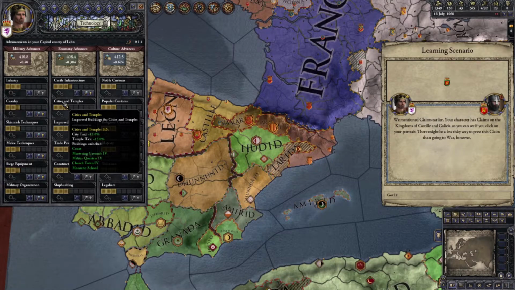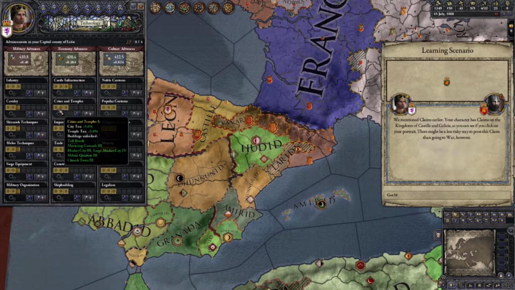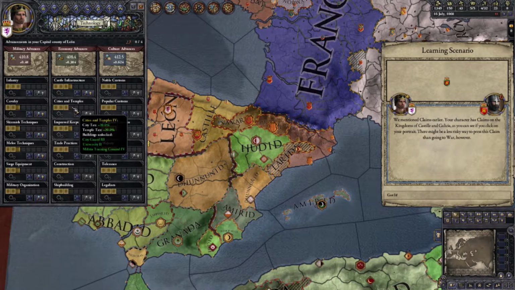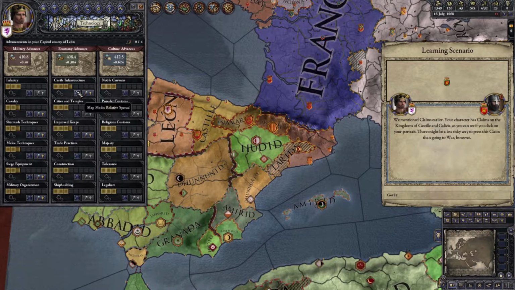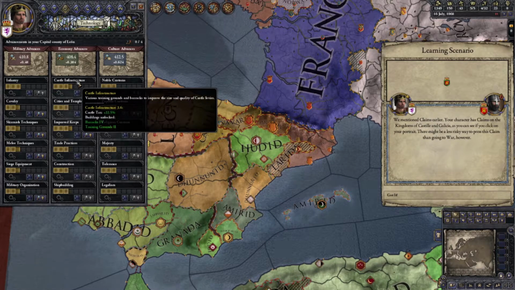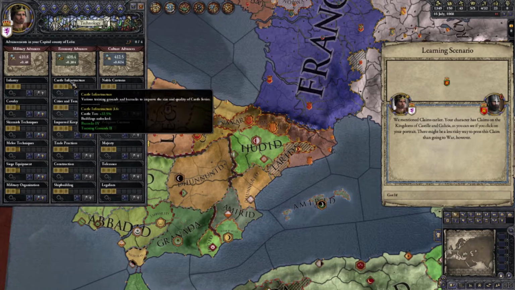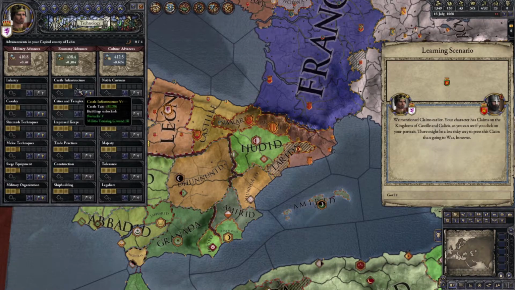Improved buildings for cities and temples. Surely temples? I like the sound of building up our cities to make a lot of money. Castle infrastructure. Various training grounds and barracks to improve the size and quality of castle levies. So it's a good indirect way to increase your military prowess and power.